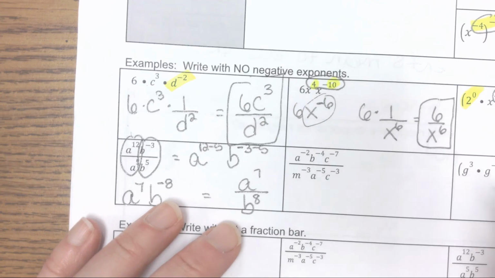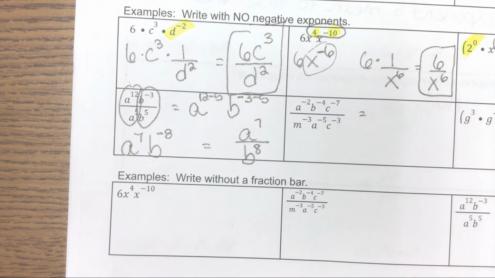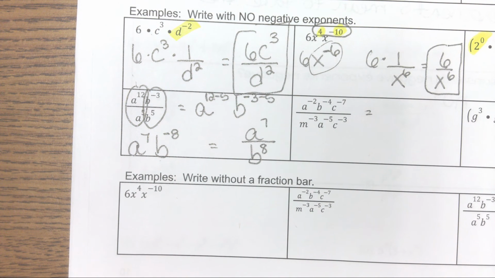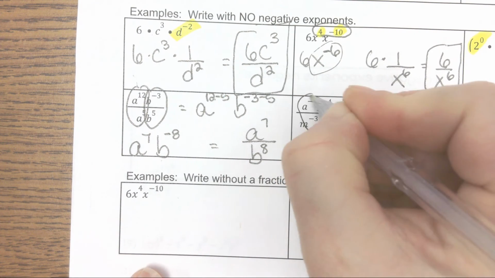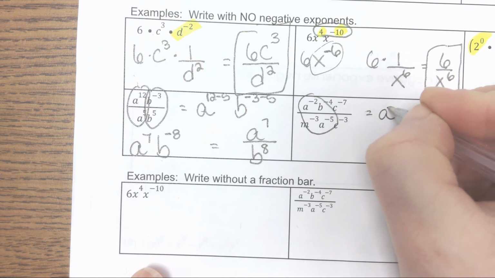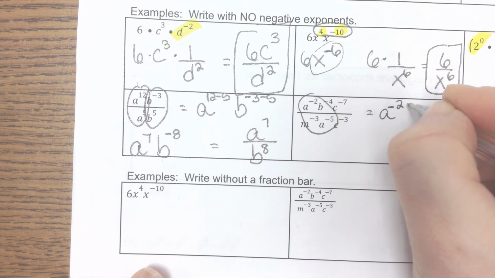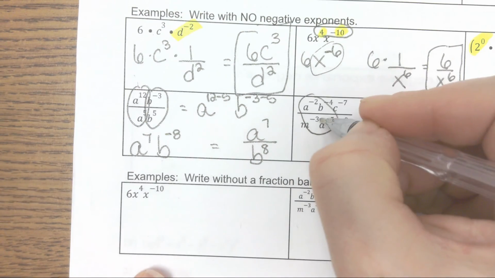That's crazy. This is a crazy one. A to the negative 2nd and a to the negative 5th. I think we talked about that already. That's going to be a to the negative 2 plus 5, right? Isn't minus a negative make it plus?